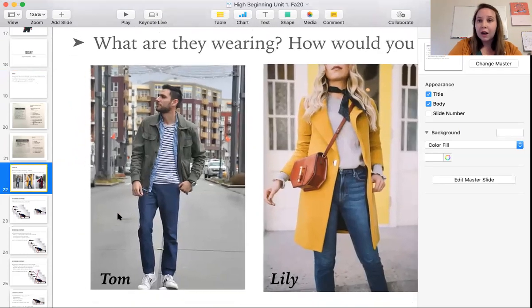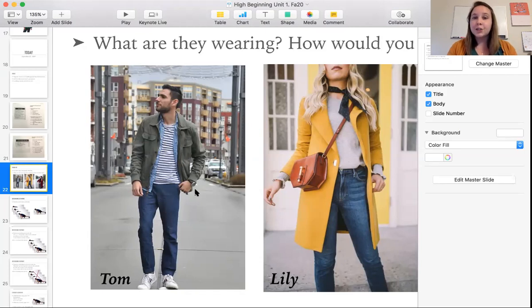How would you describe what he is wearing? Okay. How would you describe his jacket? Is it long or short? It is short. What color is it? Good, it's green.